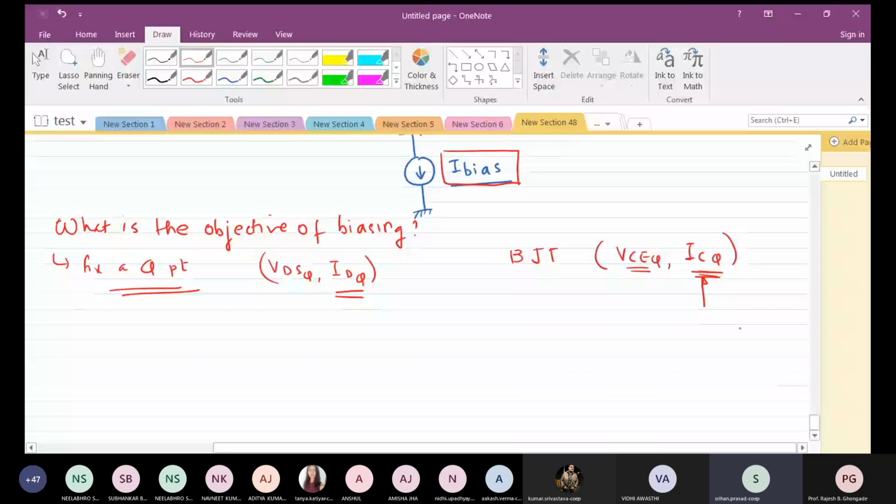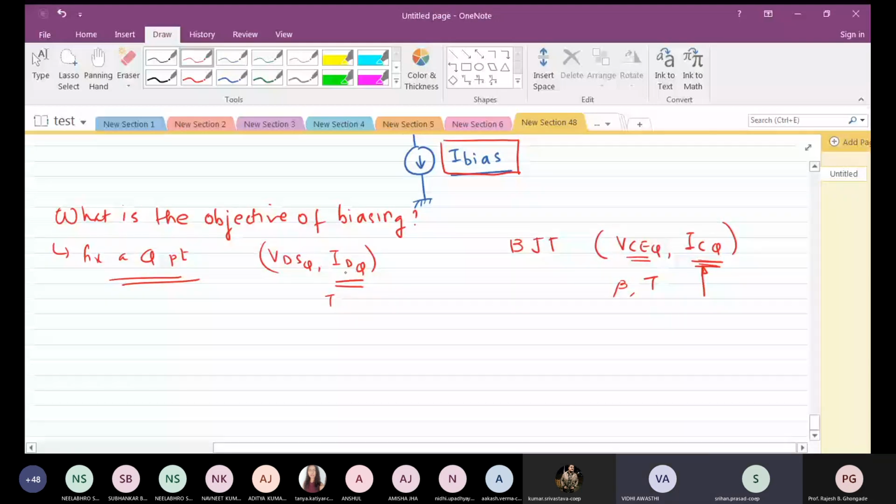And it should be insensitive to variations. In this case it was sensitive to beta, it was sensitive to temperature. Here also it may be sensitive to the power supply or maybe even the temperature also. We have seen that the effect of temperature sensitivity in case of MOSFET is much less as compared with BJT. There is no thermal runaway sort of thing.